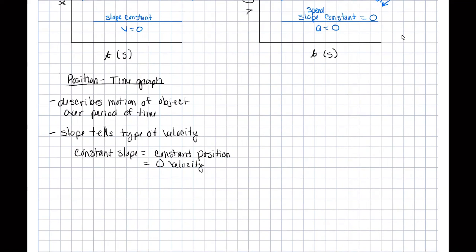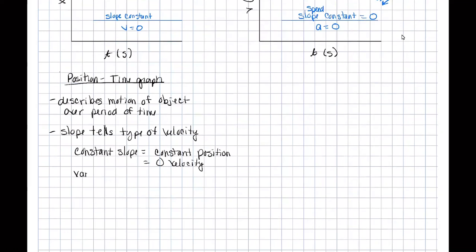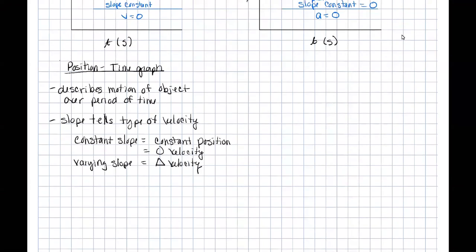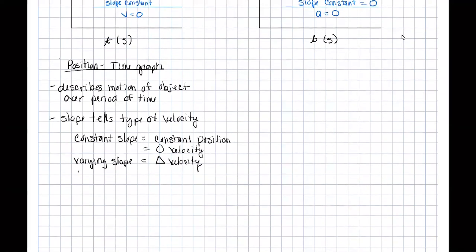If the slope is varying, then you have a change in velocity. If you have a downward slope, then you have a negative velocity.